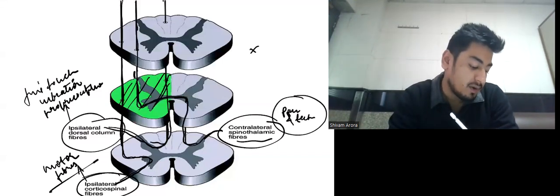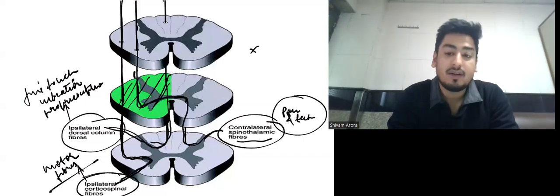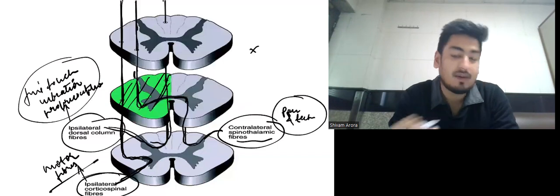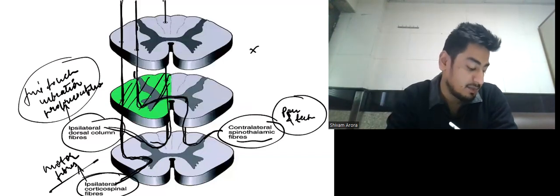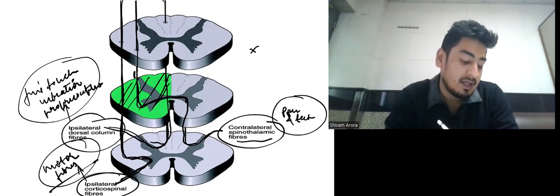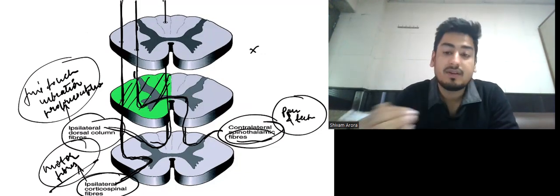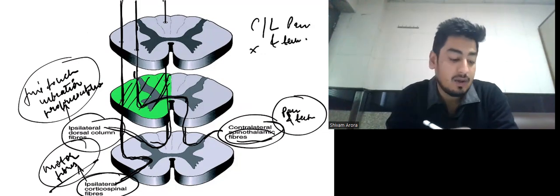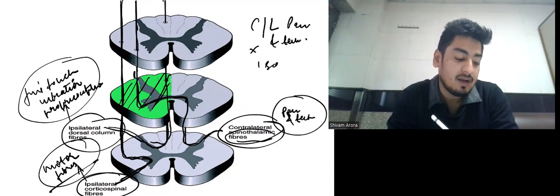The ipsilateral corticospinal fibers are involved because they are not crossing over. So there is ipsilateral fine touch, vibration, proprioception loss and ipsilateral motor loss below the level of lesion. While since spinothalamic fibers are crossing over, there is contralateral pain and temperature loss, and that too one segment below the level of lesion.